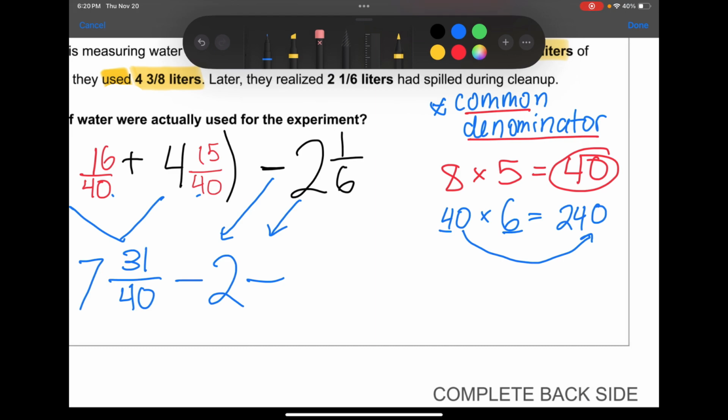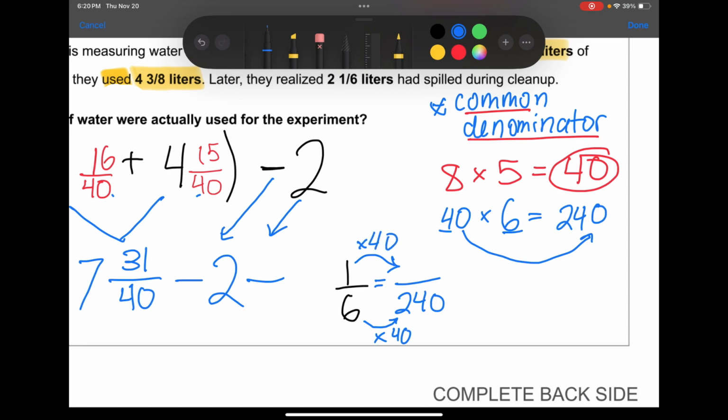So I am going to take 1/6, and if I convert it so that the denominator is 240, what did I multiply 6 by to get 240? I had to multiply it by 40. Whatever we do at the bottom, we do at the top. So we have to do 1 times 40, which equals 40.